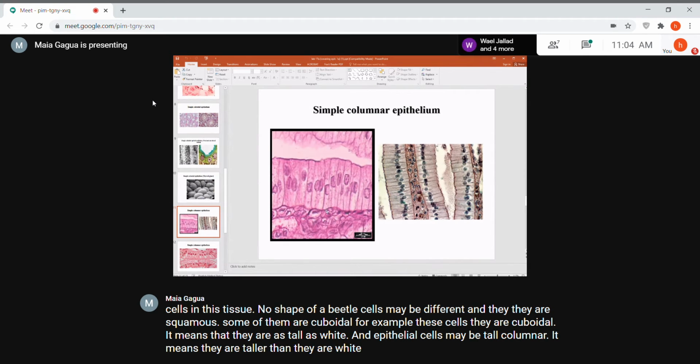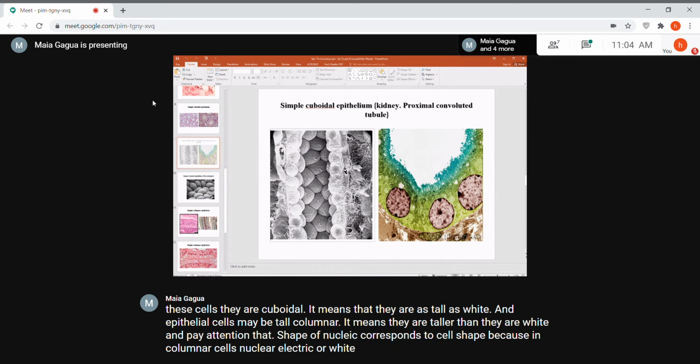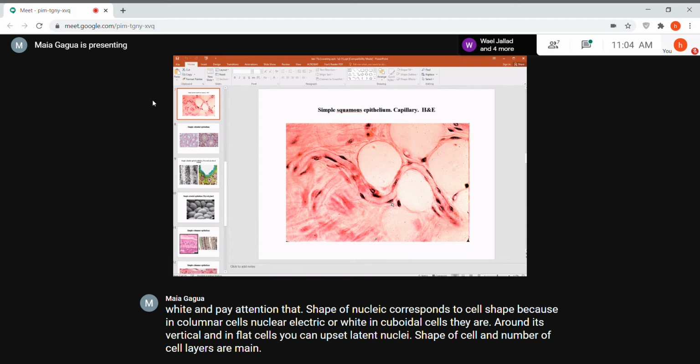And pay attention that the shape of nuclei corresponds to cell shape, because in columnar cells, nuclei are elliptic, ovoid. In cuboidal cells, they are rounded, spherical, and in flat cells, you can observe flattened nuclei. Shape of cell and number of cell layers are main criteria for classifying epithelial tissue.